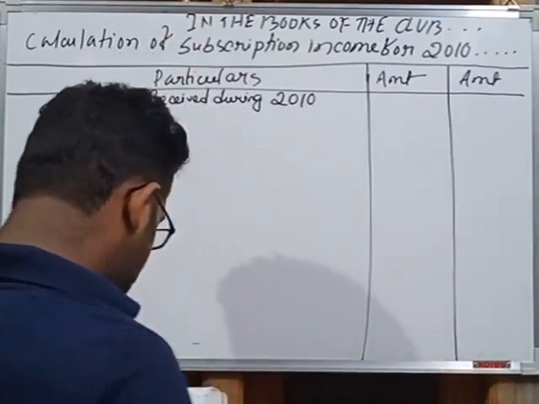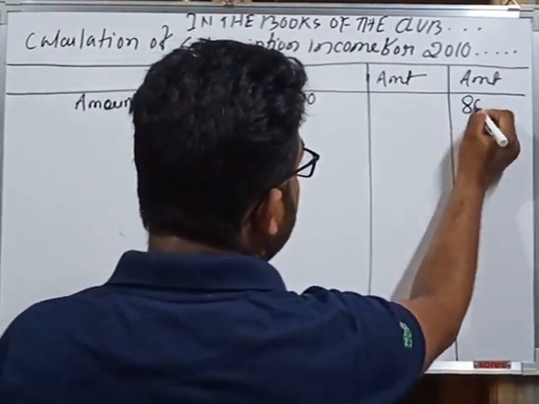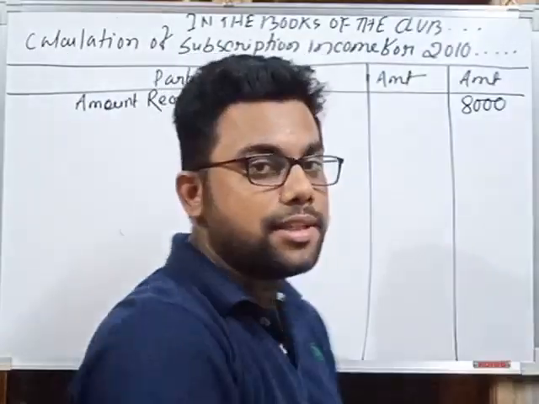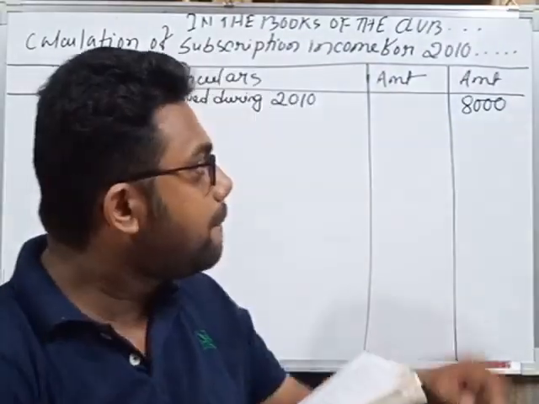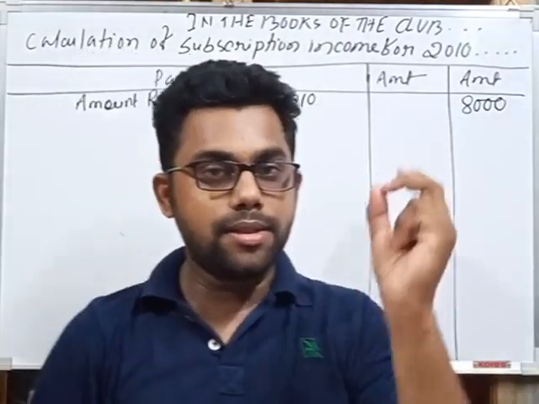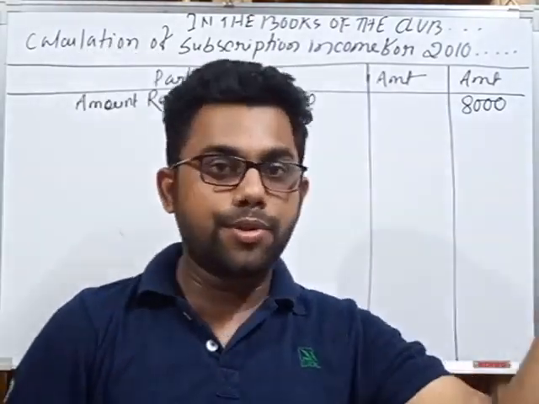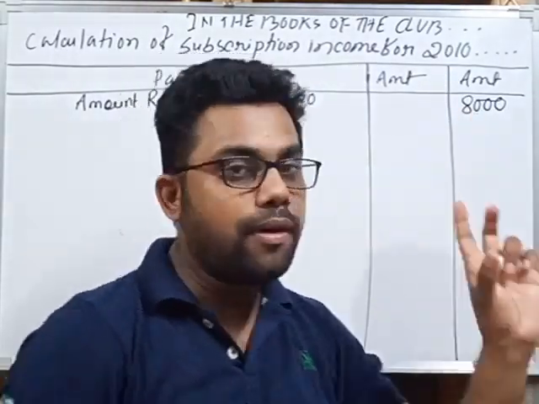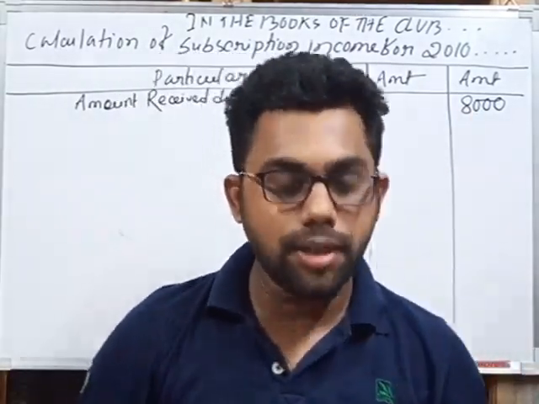What is the amount? 8,000. Okay, so this is the actual amount of subscription received in 2010. In that item there is a subscription for 2009, subscription for 2010 and subscription for 2011. So from that amount we have to find the subscription amount only for 2010.